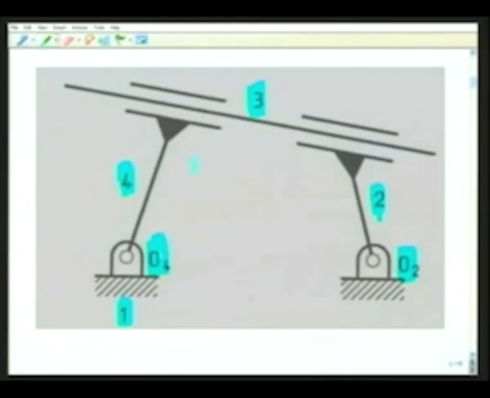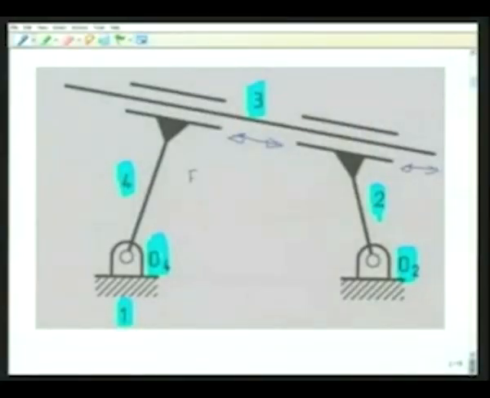The thing to note is that the direction of both prismatic pairs is the same, along this link 3. Consequently, link 3 can be dragged along this direction without transferring any motion to either link 2 or link 4. Consequently, this constitutes a redundant degree of freedom.